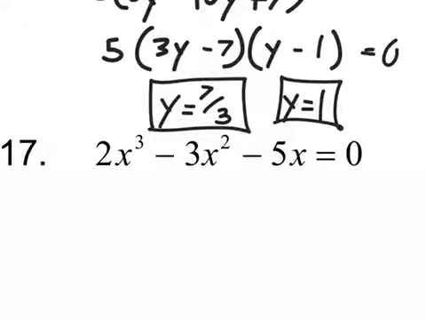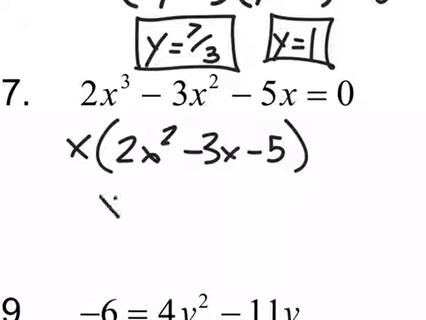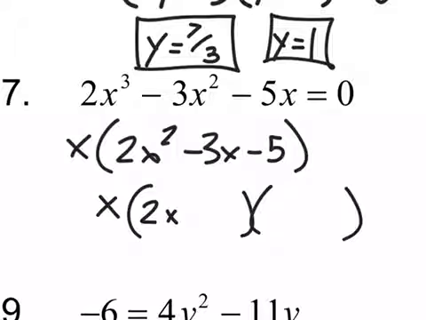Okay, on this one, I could factor out an x, giving me 2x squared minus 3x minus 5. Factor it here to a 2x and an x, and then let's see here. Let's just kind of cross-reference here. I got 1 and 5, and I'm trying to get a -3 out of it.